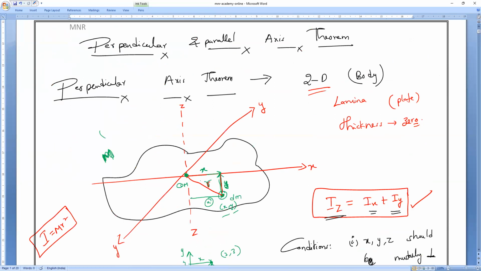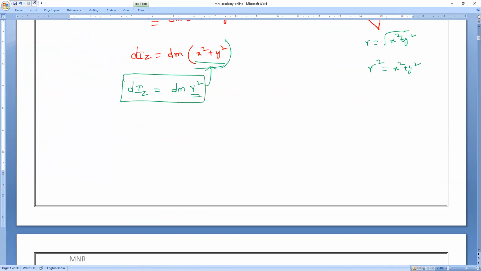This body contains an infinite number of particles, so many particles are present. So what do we have to do? If you want to find it, we have to apply the integral. Integration of dIz is equal to integration of dIy plus integration of dIx.